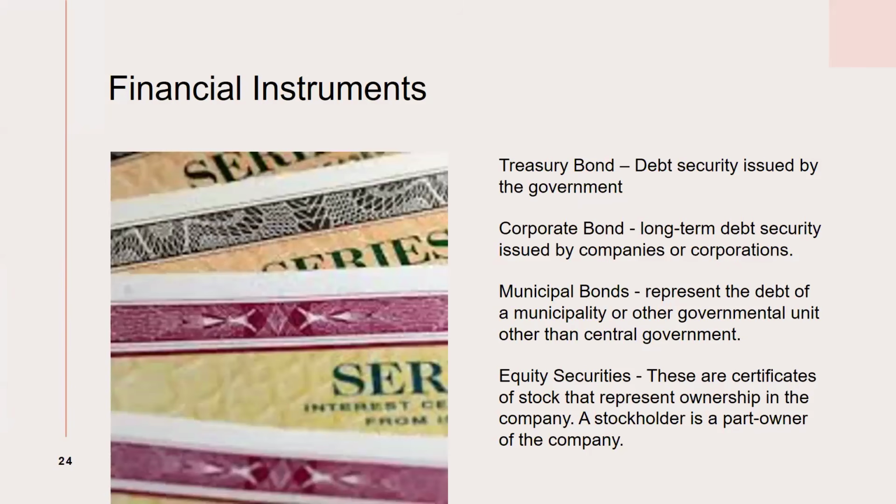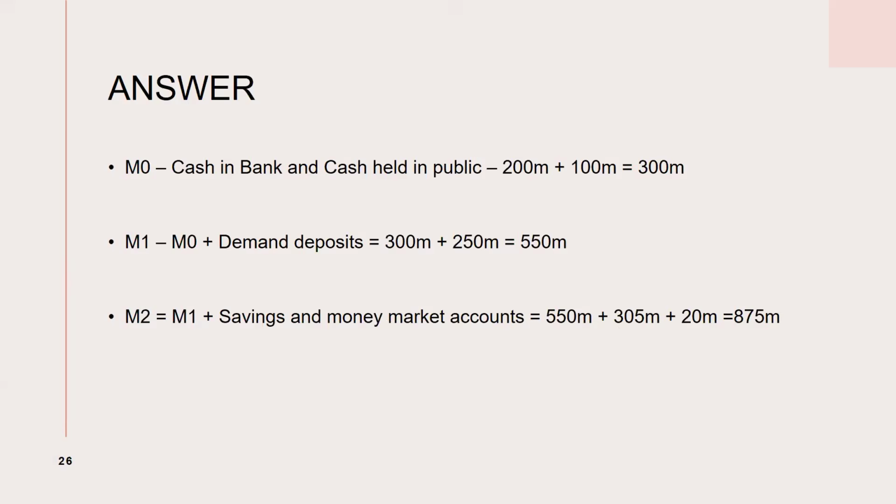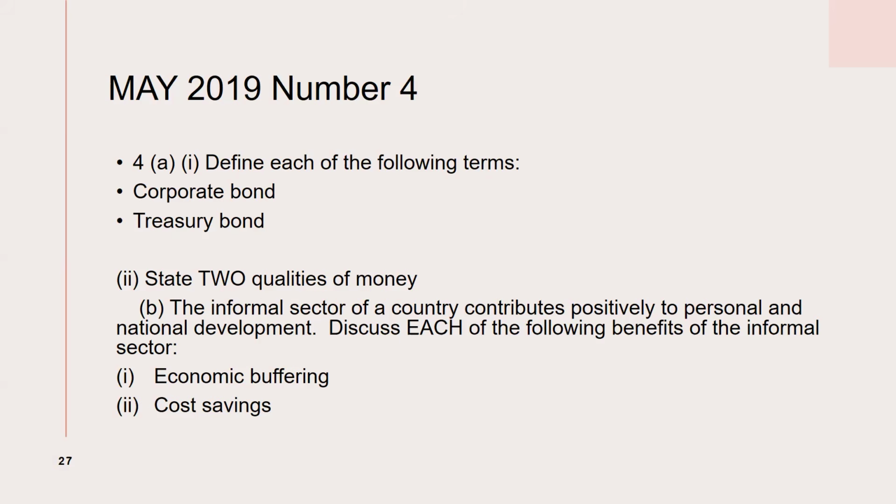So treasury bonds, corporate bonds, municipal bonds, those are debt securities. So when they ask you to define corporate bonds and treasury bonds, they are both debt securities. The corporate bond is a debt security sold by companies. The treasury bond is a debt security sold by the government.